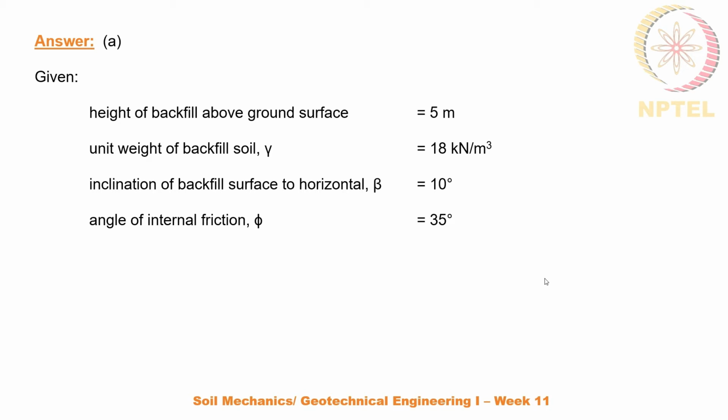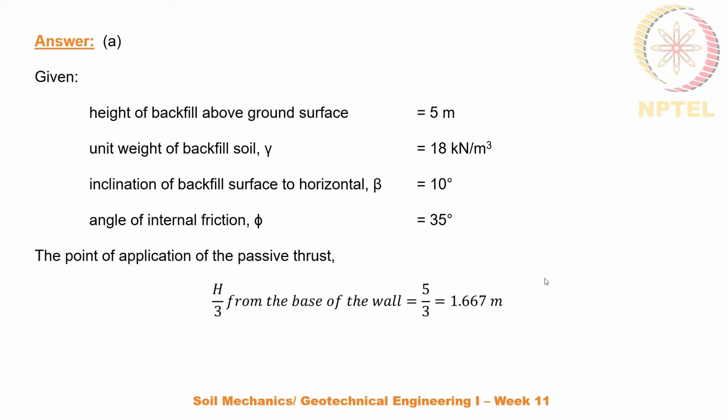So the point of application of the passive thrust is given by h by 3 from the base of the wall. So here h is 5 meters. So substituting we have 1.667 meter from the base of the wall. The point of application is 1.667 meters from the base of the wall.